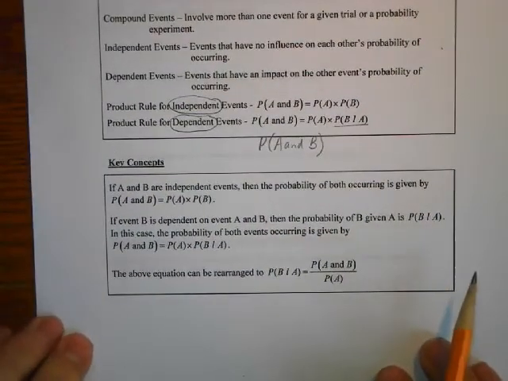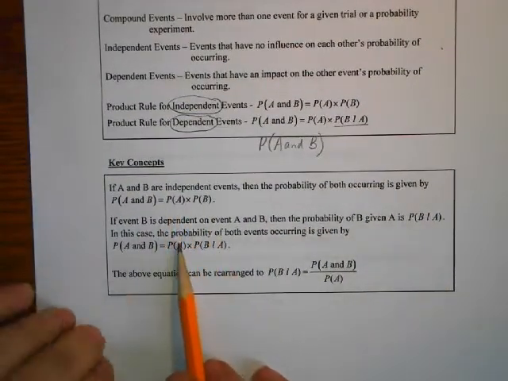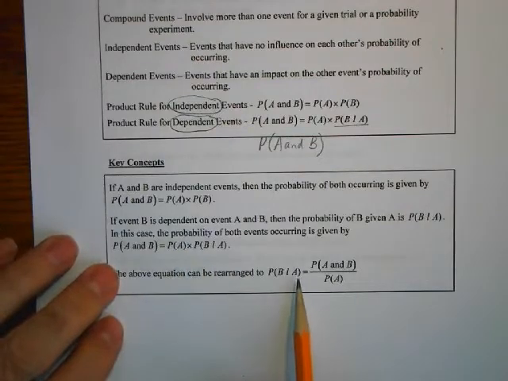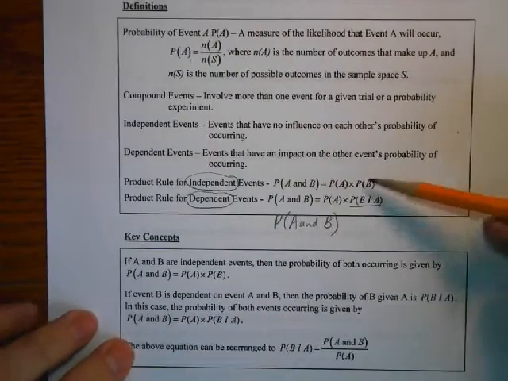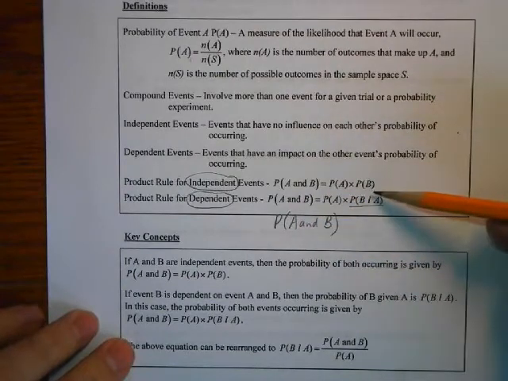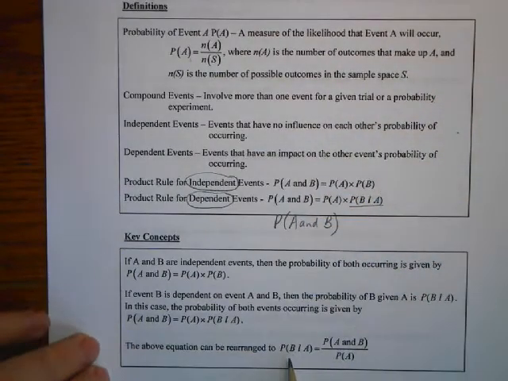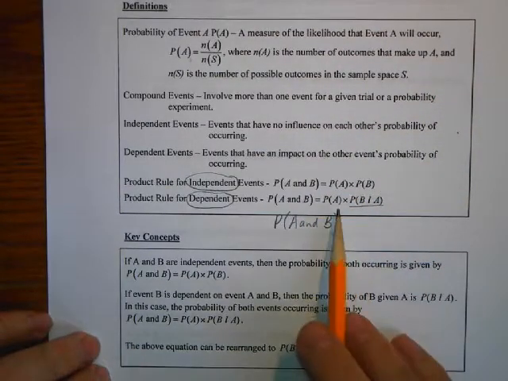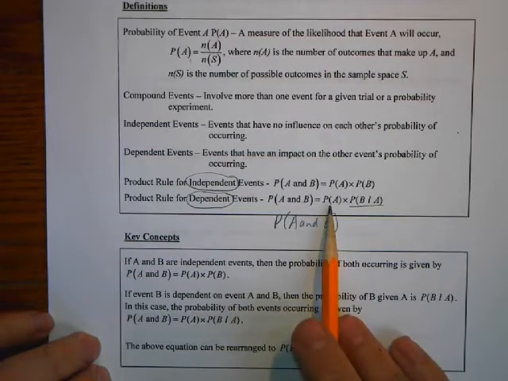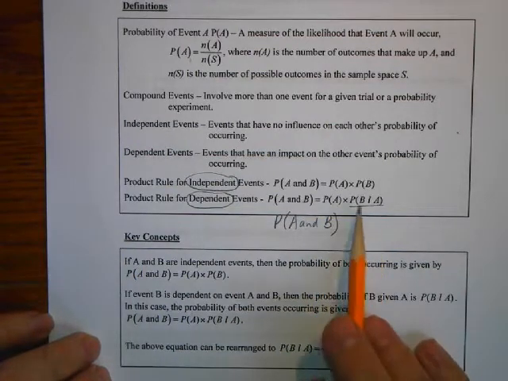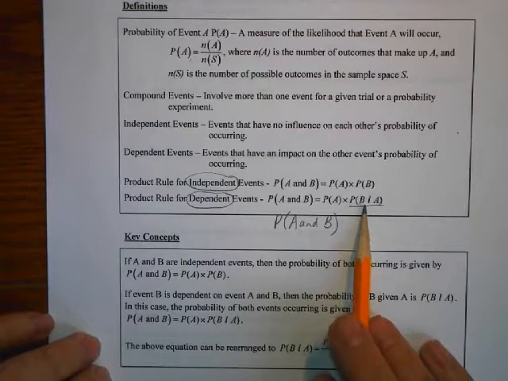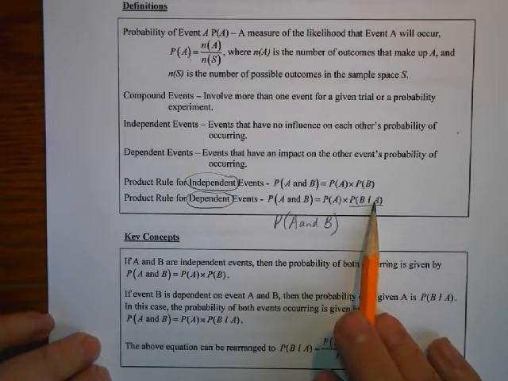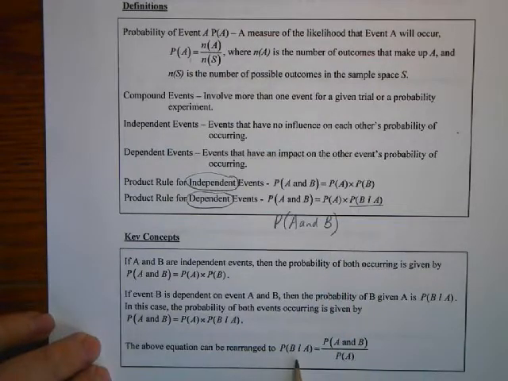These two things I've already talked about. You could actually rearrange any of these formulas, but this one here is a little more interesting. If I took the dependent probability of A and B, I could isolate the probability of B given that A happened as the left side.